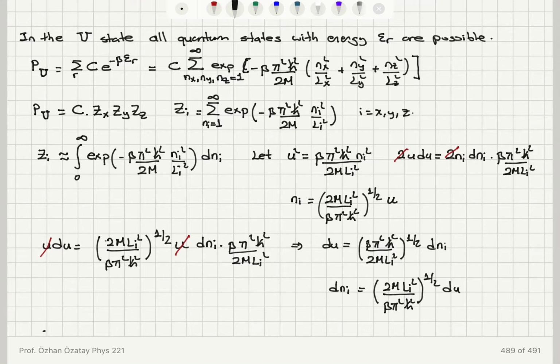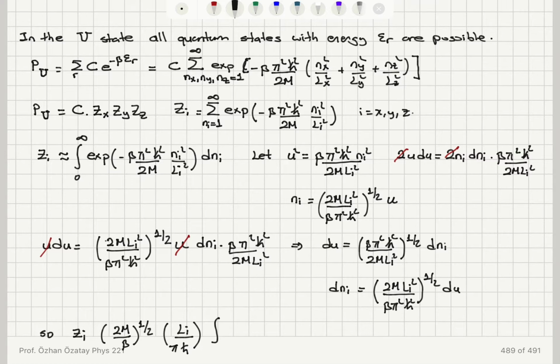So now I'm ready to write the partition function Zi in terms of u. Well, you can see that for dni I'm substituting 2m over beta to the power 1/2, li squared over pi squared h bar squared to the power 1/2, which just gives me li divided by pi h bar, and then the integral.